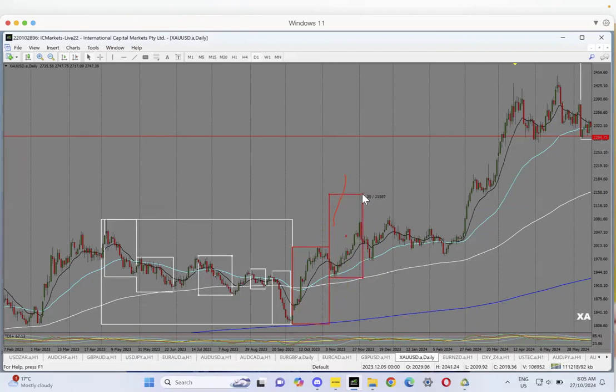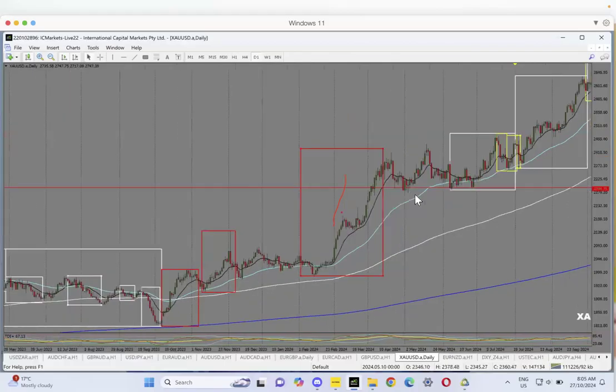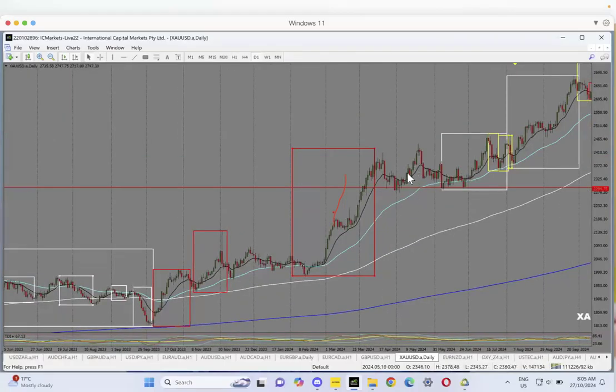And then the market came down here, and I am marking this up to there. In fact, I bundled everything up to there. That's what I did. And I said, this is my peak formation.